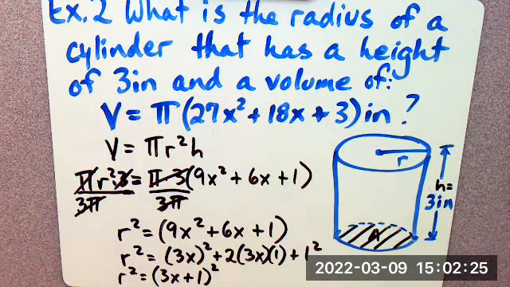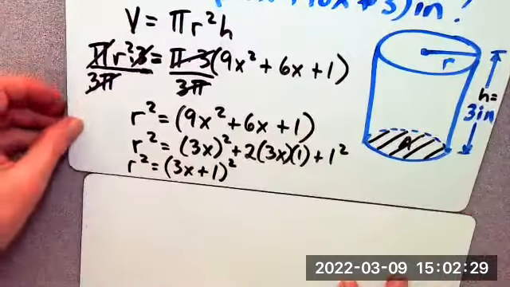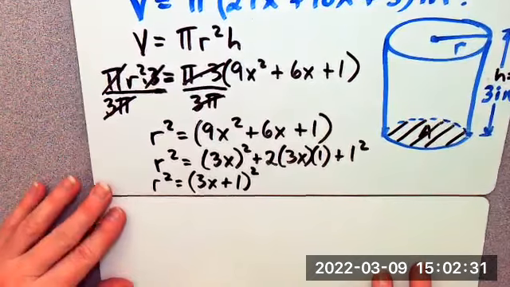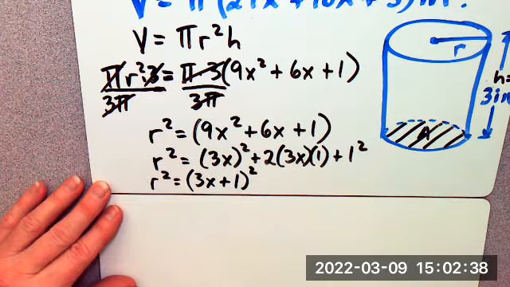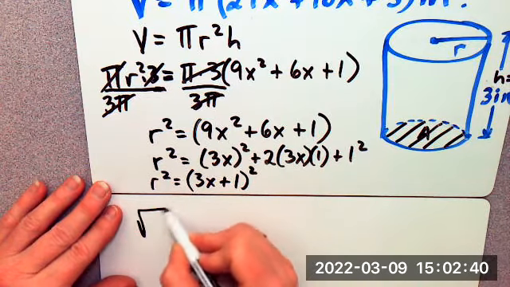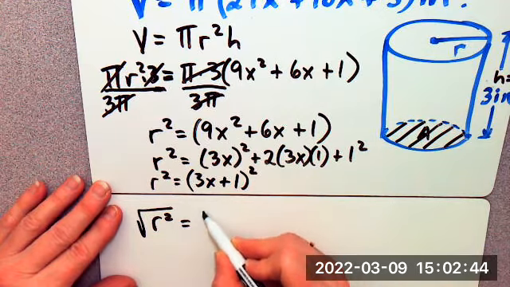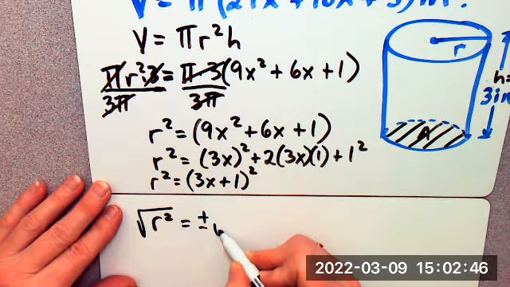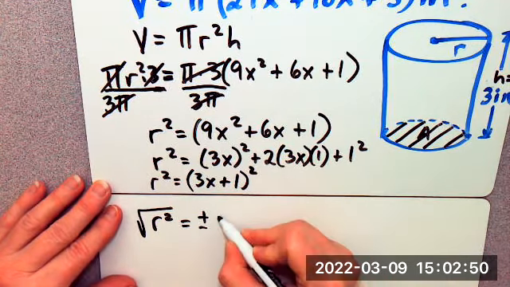I'll continue on another one here. Okay, so if we take the square root of both of these, and we know radius has to be positive, so we're going to take the square root of r squared, which would normally have a plus or minus r when we take that out.